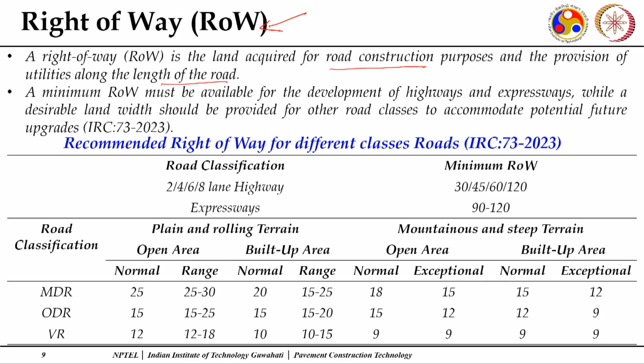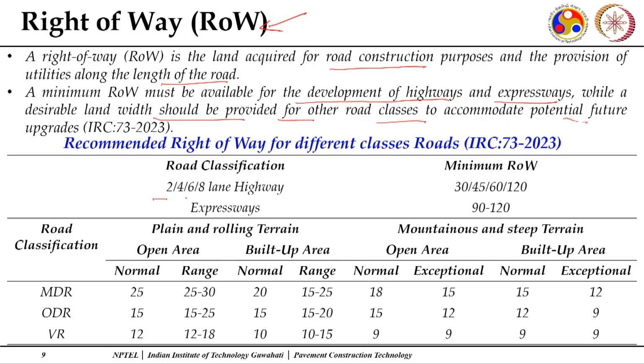A minimum right of way must be applicable for the development of highways and expressways, while a desirable land width should also be provided. This is desirable, that this much we can definitely keep to accommodate potential future upgrades. Now, let us see what the road classification says about the different rights of way.